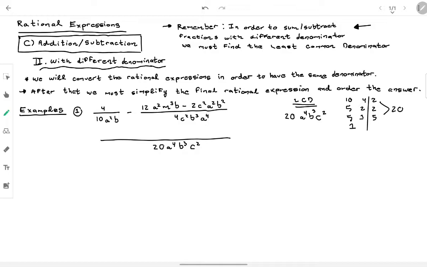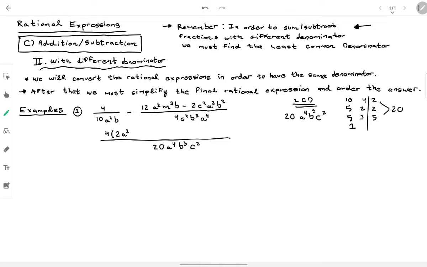So then we need to compare this first one with this denominator. In this case, the 4 needs to be multiplied by 10 to become 20, it's 2. What about the letters? A squared to become A to the 4, we need A squared.